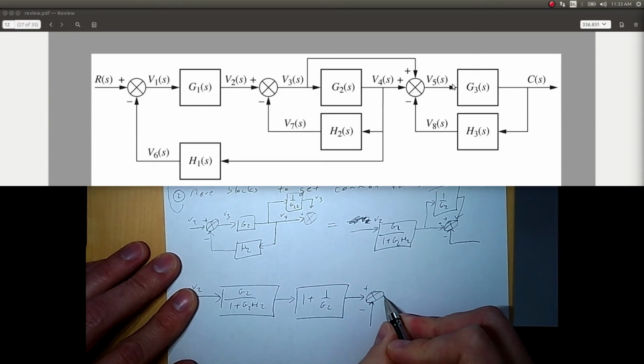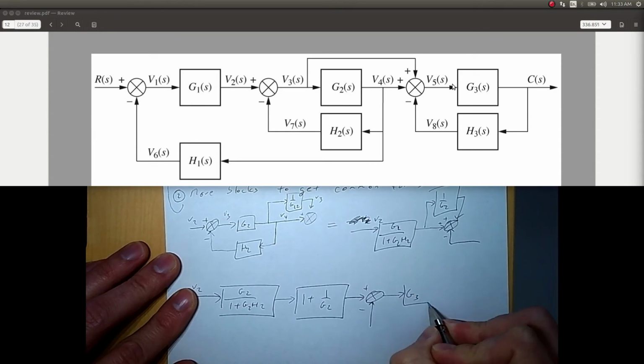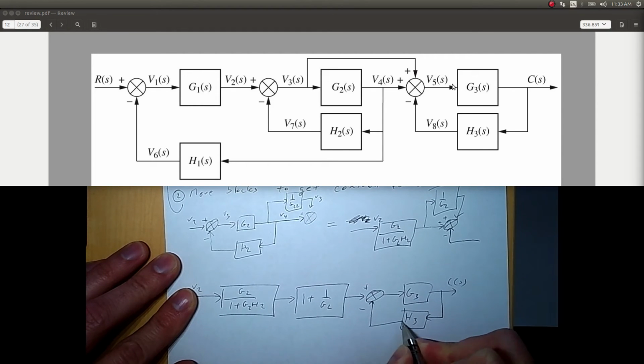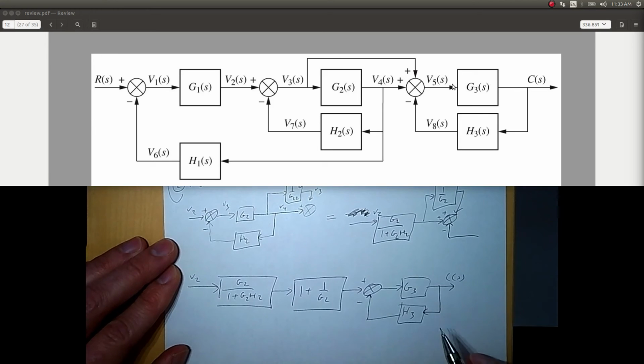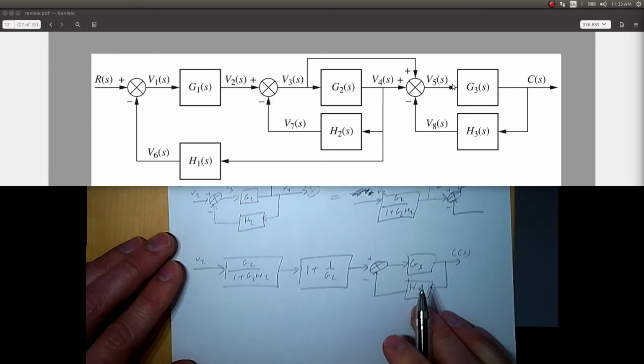And we can reduce that. Okay. So now we've got this feedback form that can be reduced.